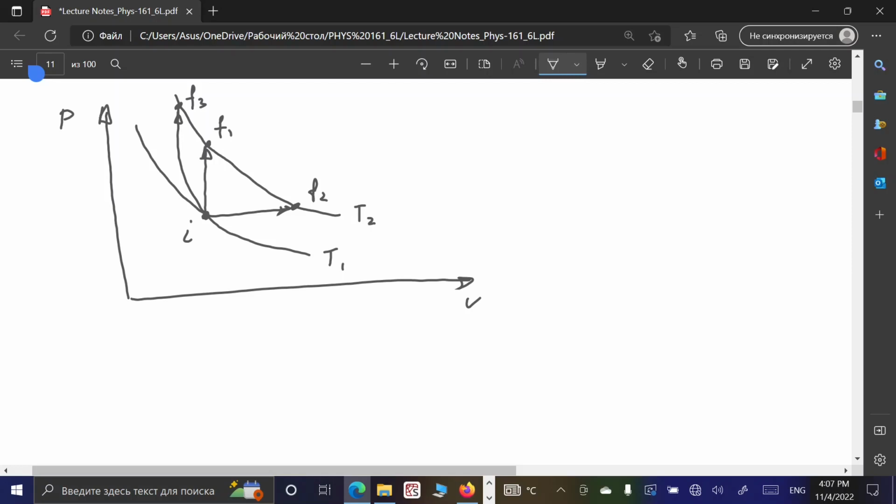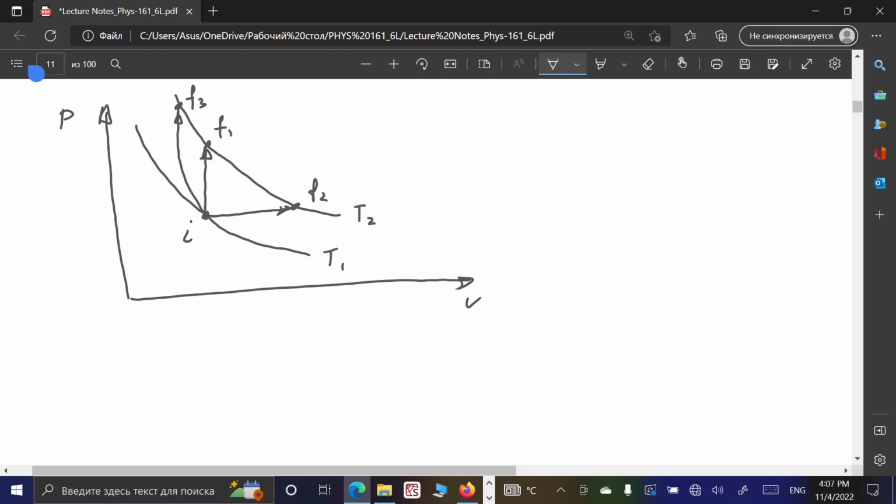And initial was obviously the same because we started at the same point here. That means that if temperature is the same, then change of internal energy for all these processes will also be the same. So this is one of the key moments which we need to remember as we go further with our derivations.